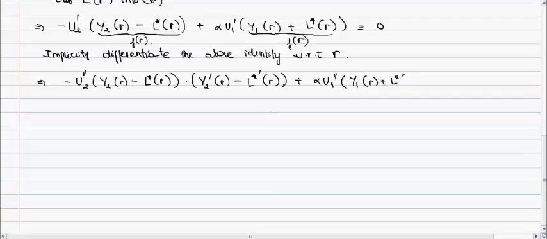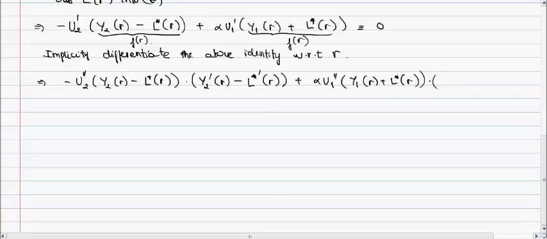Now remember, this basically means u1 double dash as a function of y1 and L star. So it doesn't mean multiplication over here, it's just a function. So u1 dash is a function of these things, and when we differentiate, this becomes u1 double dash as a function of these things, multiplied by the differential of everything inside the bracket with respect to r.